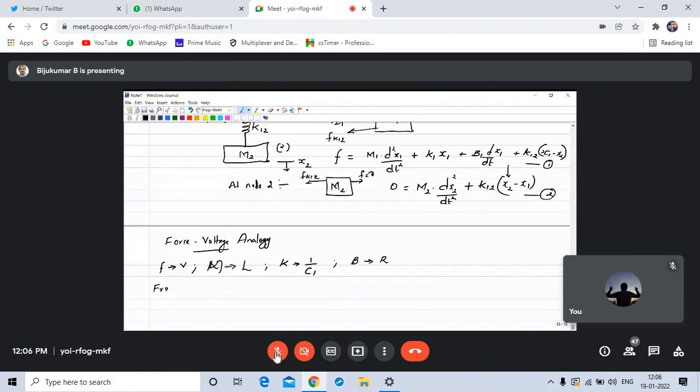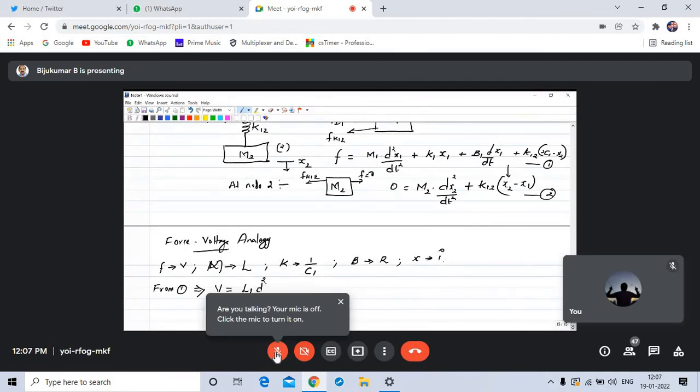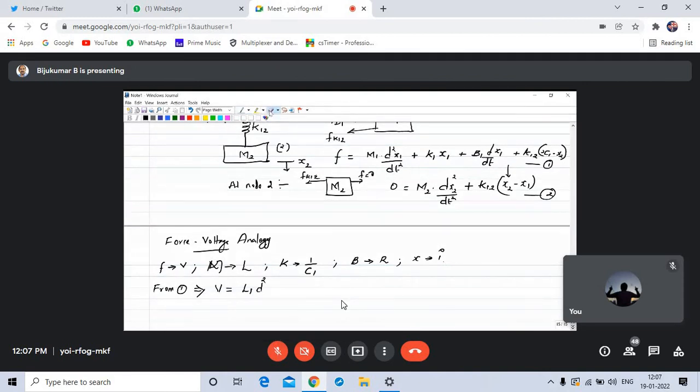From equation 1, we can form the electrical analogous equation. Force is analogous to voltage. So m1 into d square x1 by dt square can be written as L1 into d square x1 by dt square. In force voltage analogy, displacement is analogous to current, right? So sorry, not d square. If you are writing with I, there won't be any square.